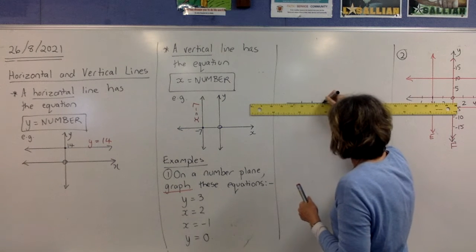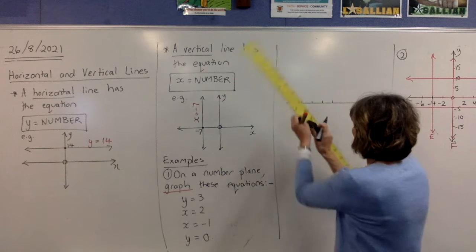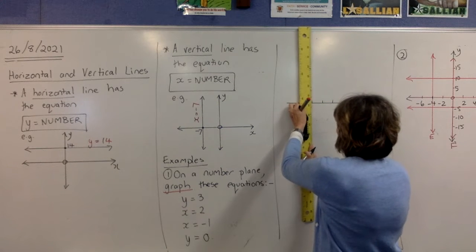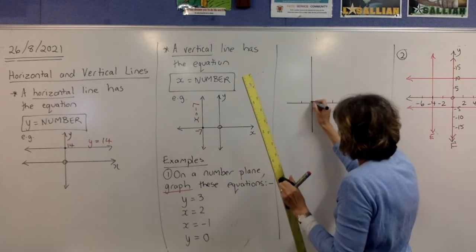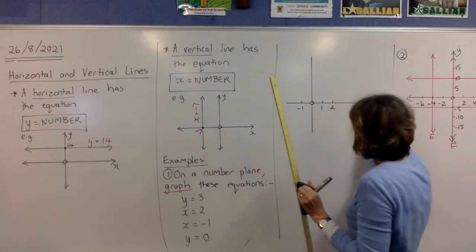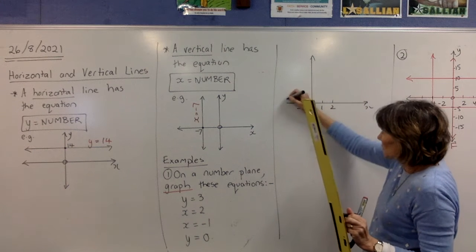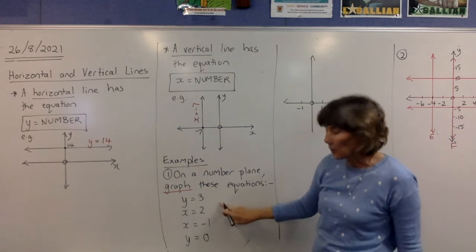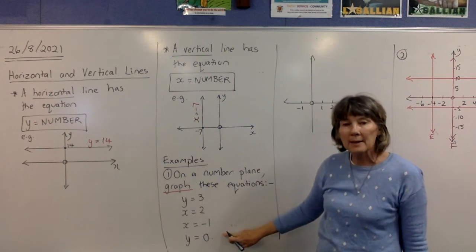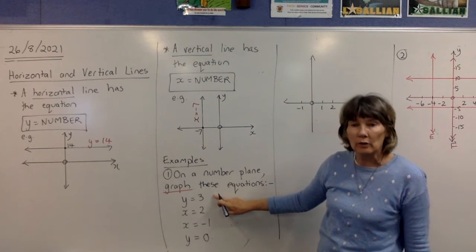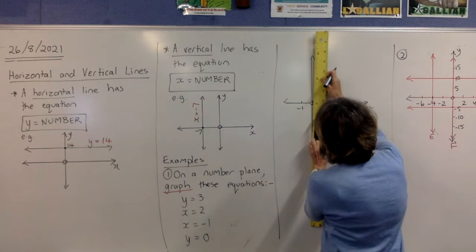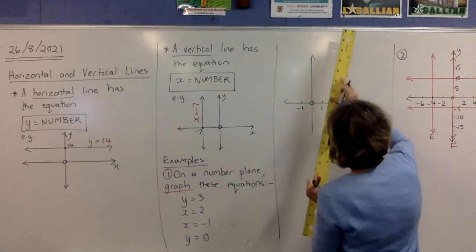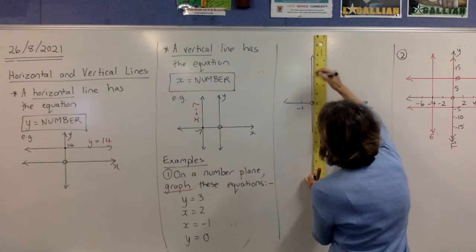So -1, 1, 2 on the other side. And my y-axis will go straight through there. So you'll see, I've only done x's from -1 to 2 to cope with those two. Now the y's have to go from 0 to 3. So I really don't need anything down here. And our y's have to be from 0 up to 3.